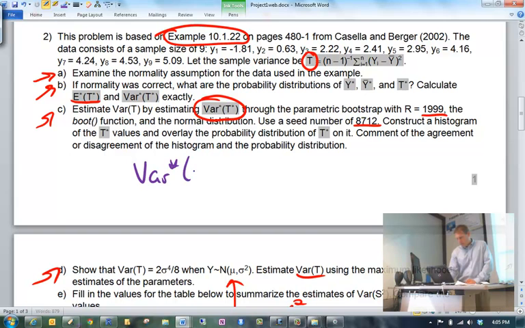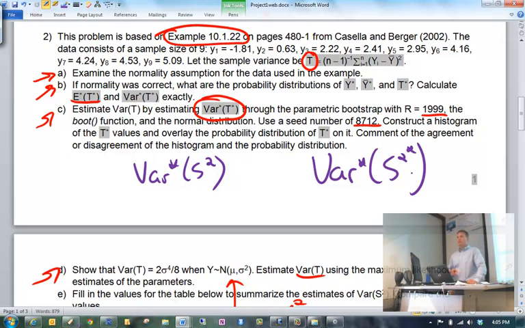The book will often say something like this: var star s squared. This is equivalent to what we would in our class say var star s squared, let's say star. Quantile Function is not as specific as it should be regarding what's based upon resampling. So please be careful about that.